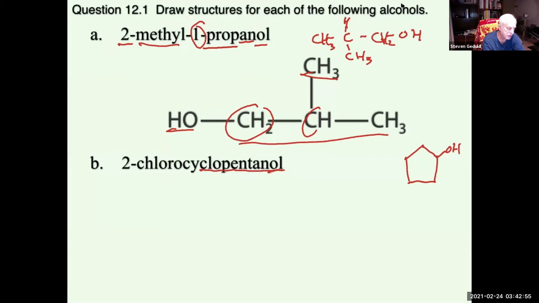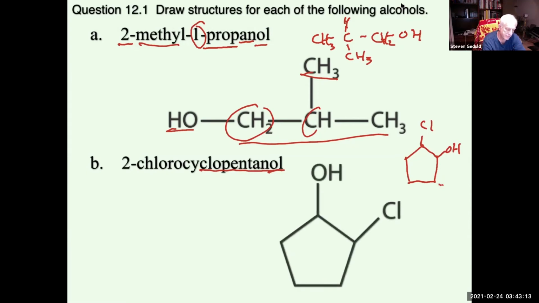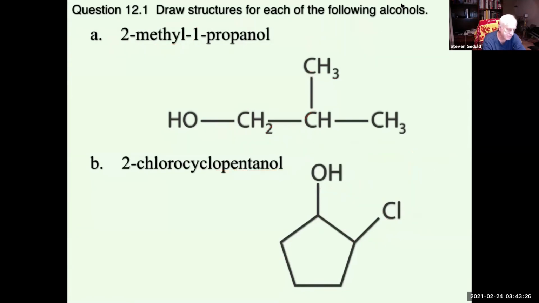And then at number 2, there's a chlorine group. I could put it here, or I could just as easily put it right there too. It would be the same compound because you roll in 3-dimensional space, it's the exact same thing. So this is our number 1, there's our number 2. 2-chlorocyclopentanol.